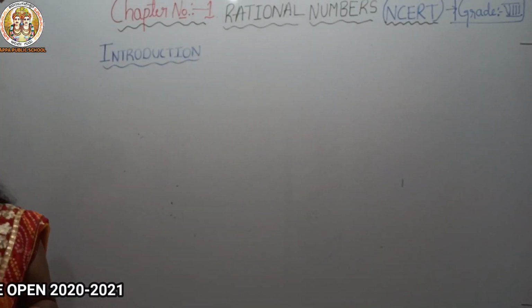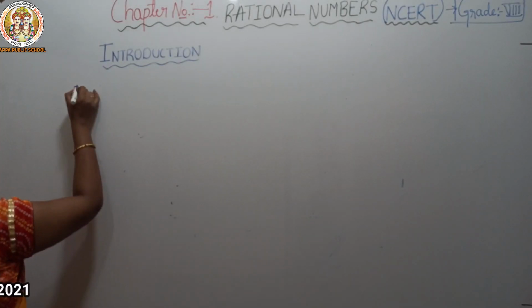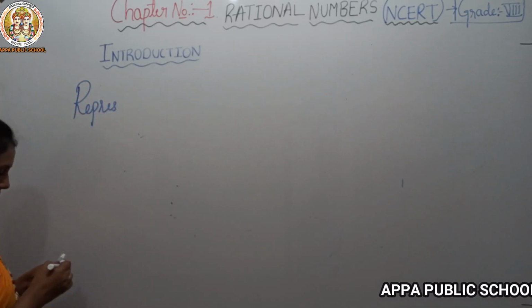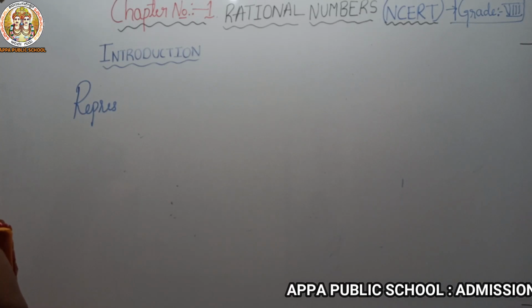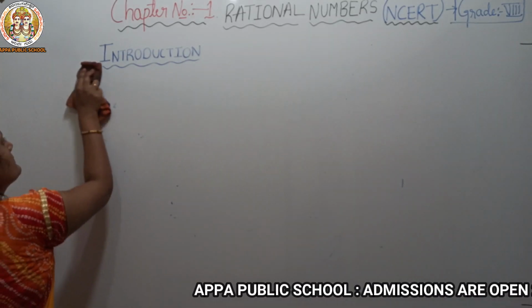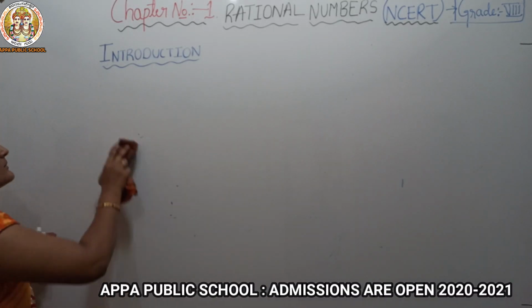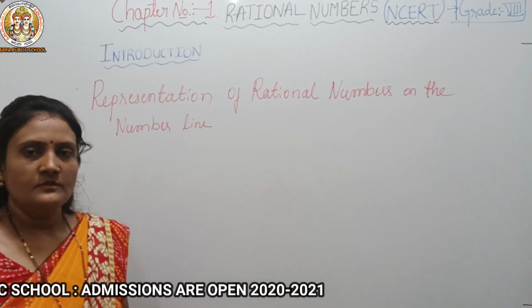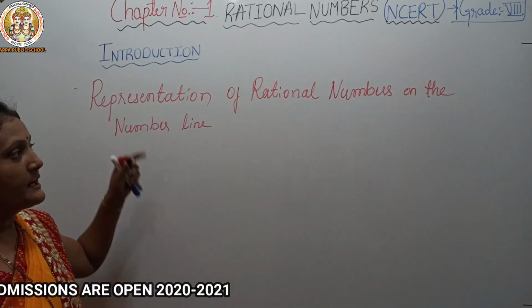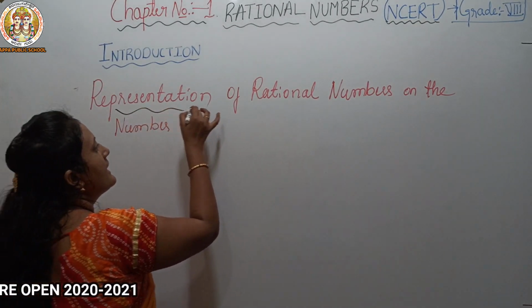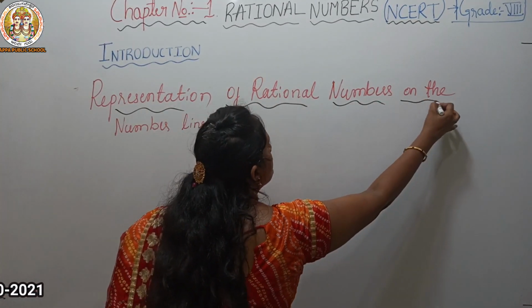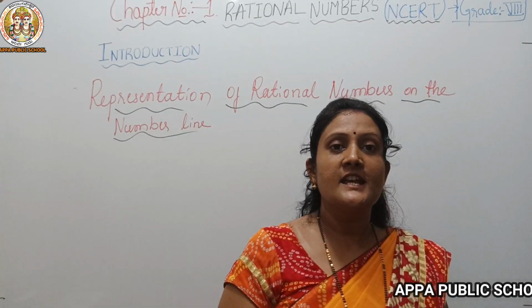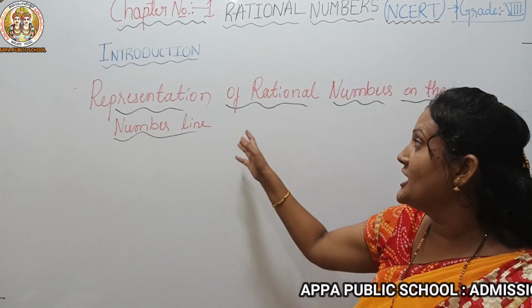Next is representation of rational numbers on the number line. In the previous class we represented fractions on the number line.